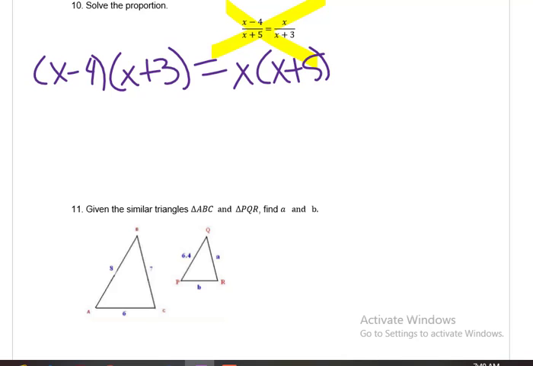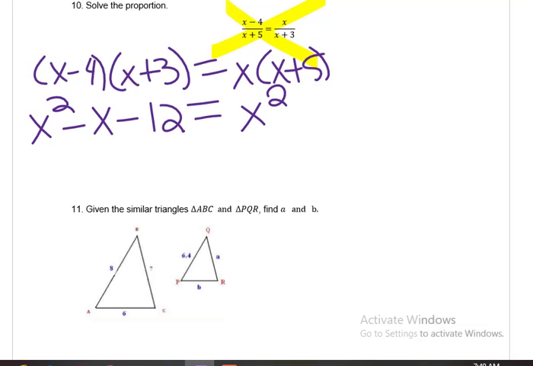Our next step would be to multiply. For the binomial, you would FOIL, and after you combine terms you get x squared minus x minus 12, and on the right side you distribute and you get x squared plus 5x.